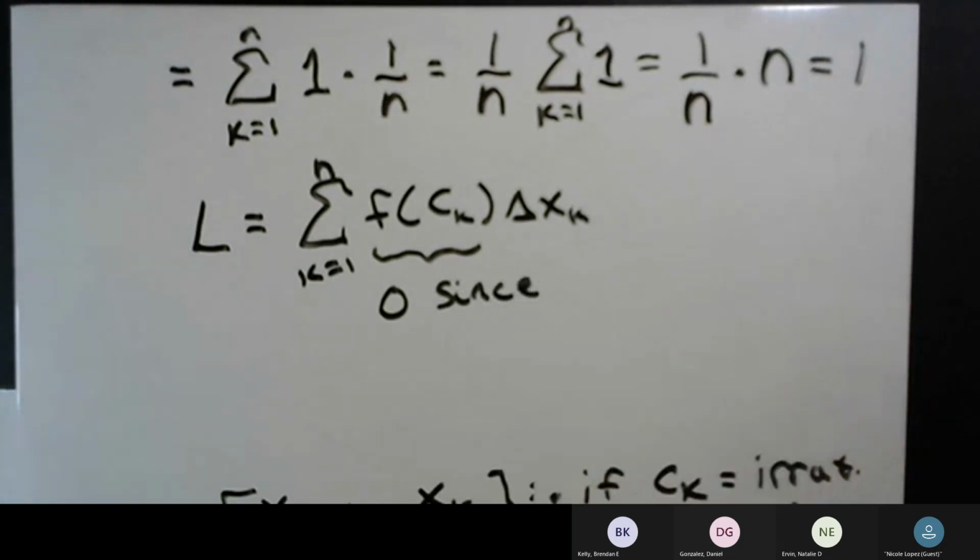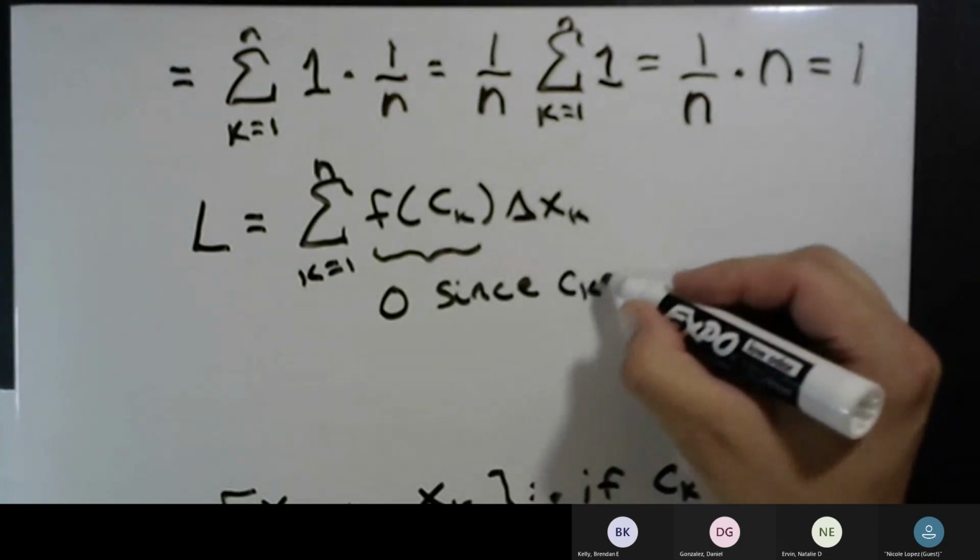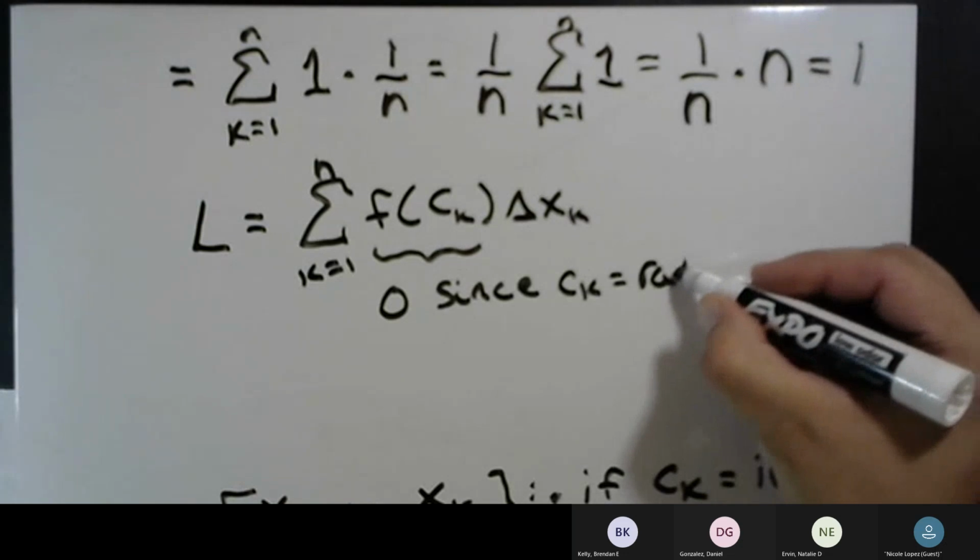We're going to choose the smaller value of f, since we're going to let ck be rational.